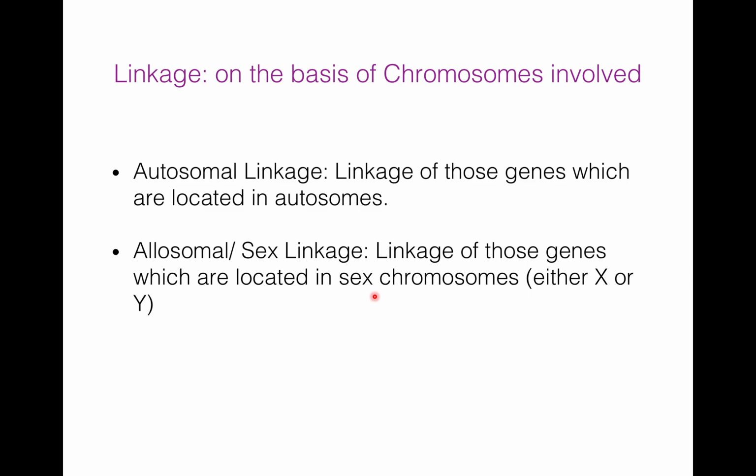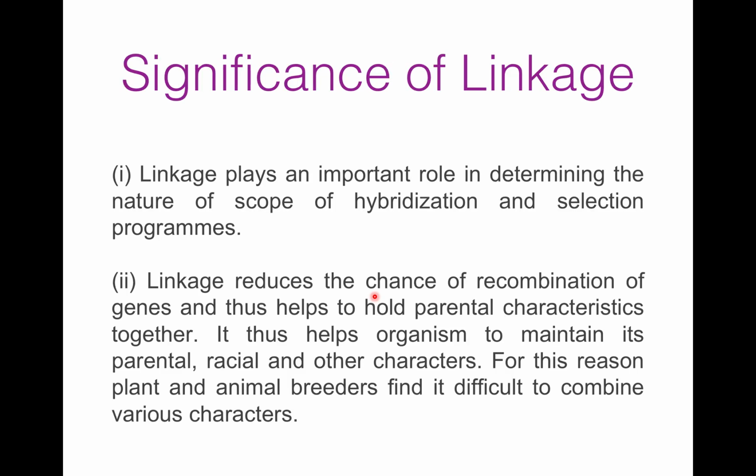Now, linkage on the basis of chromosomes involved, that is autosomal and allosomal linkage. Linkage of genes which are located in the autosomes is autosomal linkage. Linkage of genes which are located in the sex chromosomes, either X or Y, is allosomal or sex linkage.